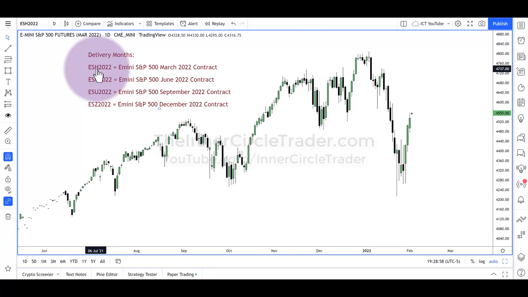So the delivery month codes for the commodity markets, H is always representing the month of March. M is June. U is September. Z is December.